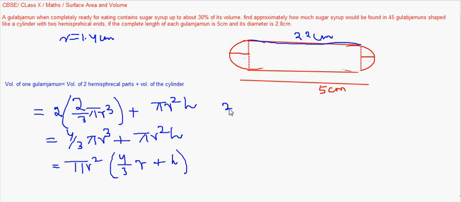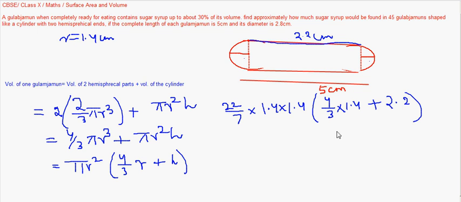So it's 22 by 7 into 1.4 into 1.4 into 4 by 3 into 1.4 plus height 2.2 of the cylindrical part. If you solve this, I will then be getting this as 0.2.